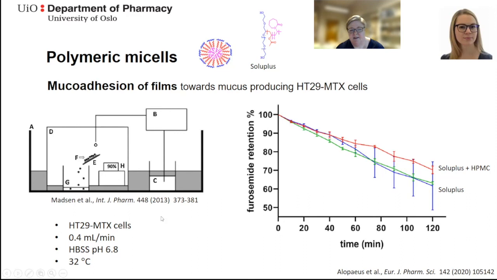And then we detected how much of the drug was washed off, and we could see differences between Soluplus and Soluplus in HPMC. So we think that HPMC is maintaining the particles in a network on the mucosa.